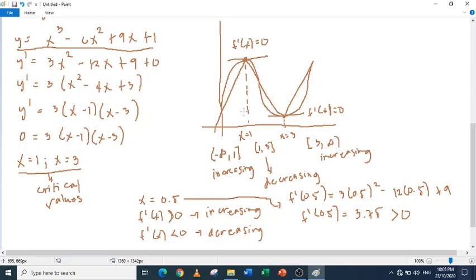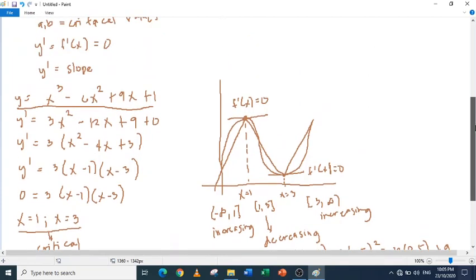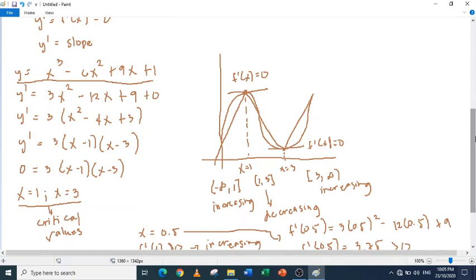And then, at the interval 1, 3, so sa interval 1, 3 tayo, so kailangan ang value natin is pasok sa interval na yan. Okay? Okay, so say x equals 2.